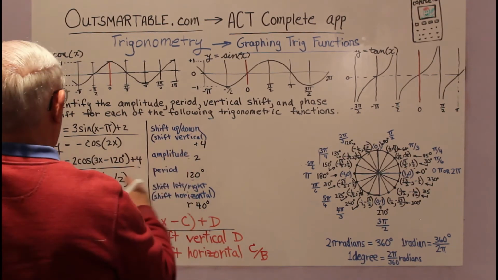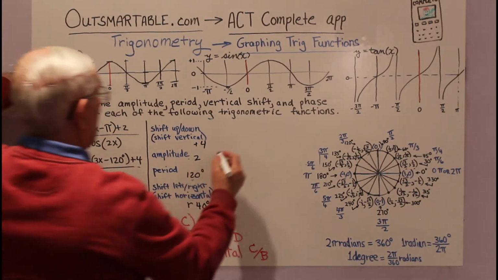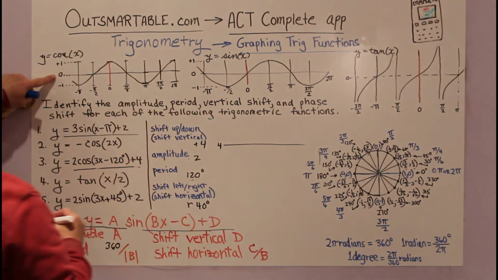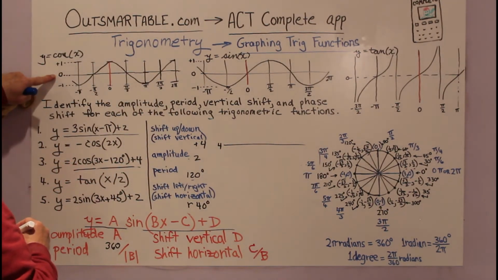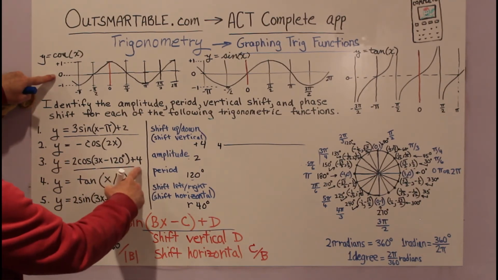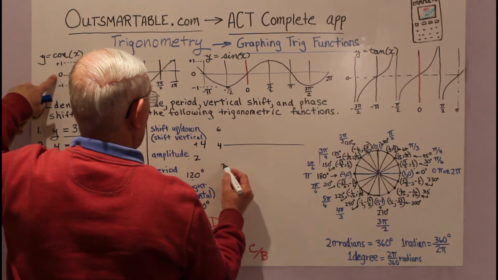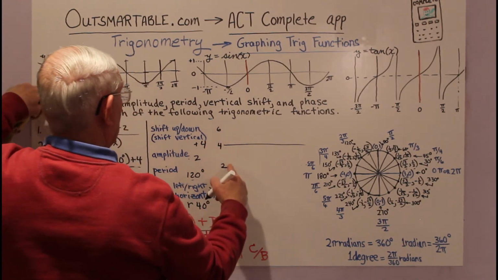Okay, so this is a cosine function. Typically it has a midpoint of 0. The new midpoint is 4, isn't it? New midpoint is 4. We're shifting up 4 units. The amplitude is 2, so we go up 2, we go down 2. Maximum, minimum.